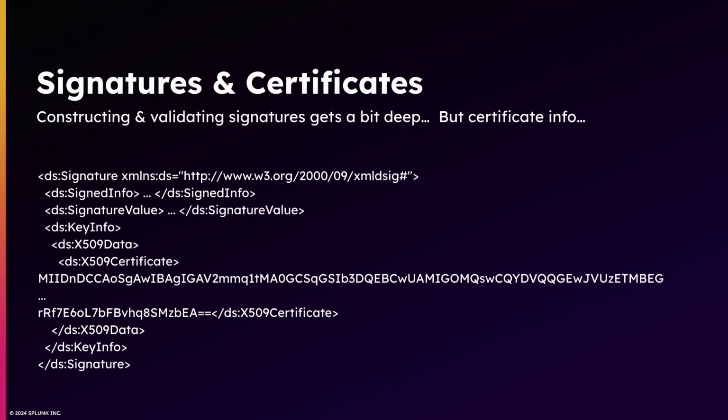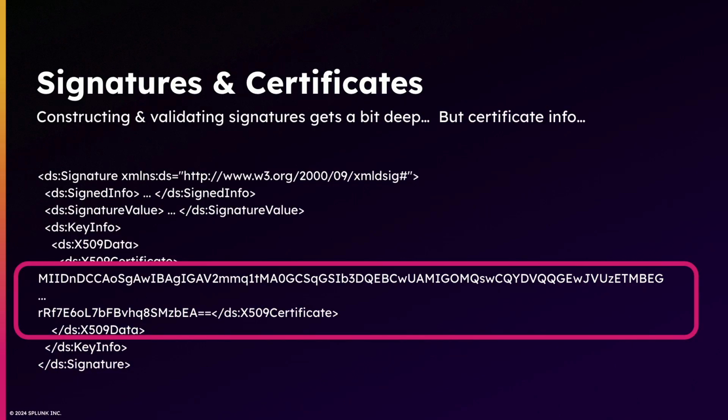Signatures and certificates. Part of having that metadata file that you pass between Splunk and your IDP and vice versa is making sure that both sides have the chain so I can validate the certificates. Getting into actually how you pull this out is a little too deep for this talk, but I will say the certificate that you have is right here.